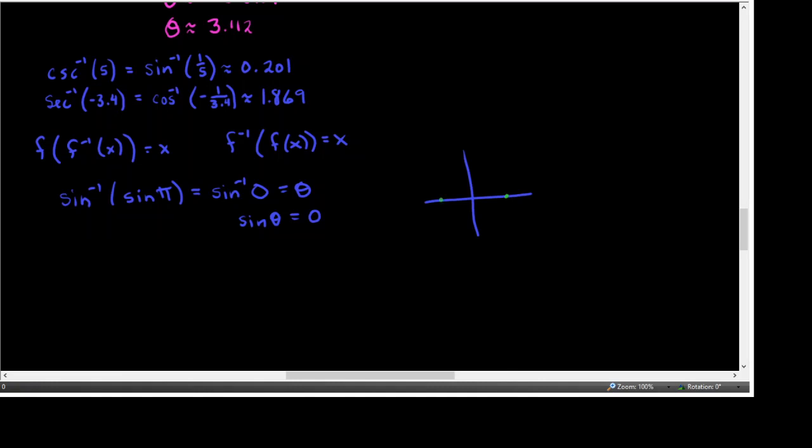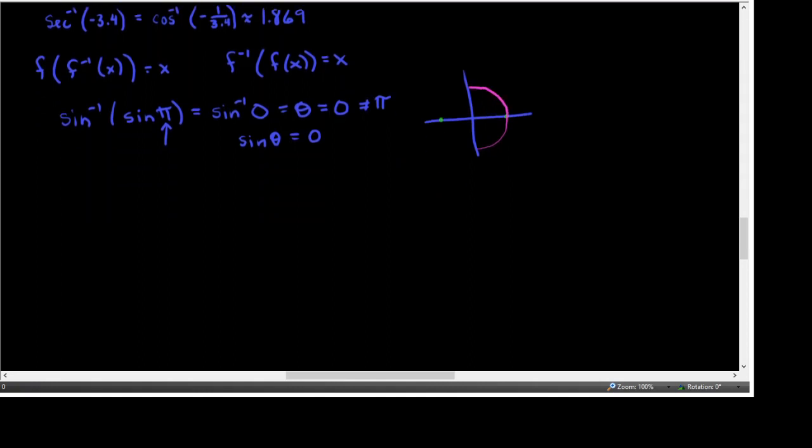And which one of those is between negative pi over 2 and positive pi over 2? Well, obviously, that's 0, right? So that's equal to 0, not pi. We started with pi and didn't get pi back because sine inverse cannot have an answer of pi. So be very careful that your ranges are considered when you have that kind of problem.